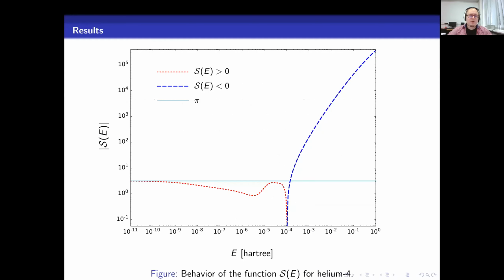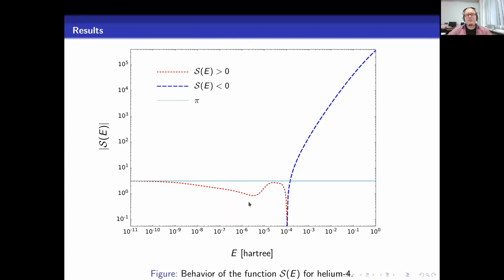Okay, so as for results, this is the phase, the sum over all shifts multiplied by 2L plus 1. So it's basically a sum of a function of phase shifts for helium-4.